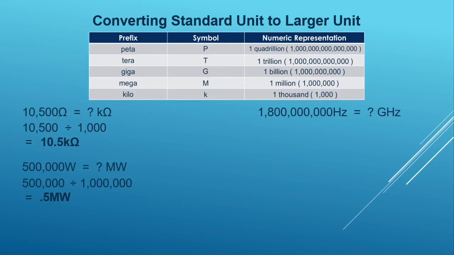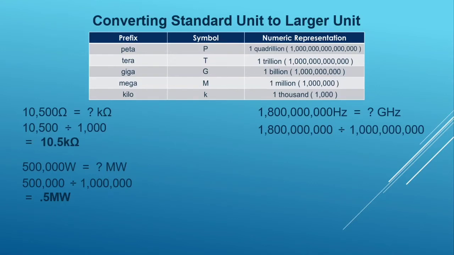Okay, the third example is 1,800,000,000 hertz, and we're going to convert it to gigahertz. So we have 1,800,000,000 and you're going to divide it by the numeric representation of giga, which is 1 billion.